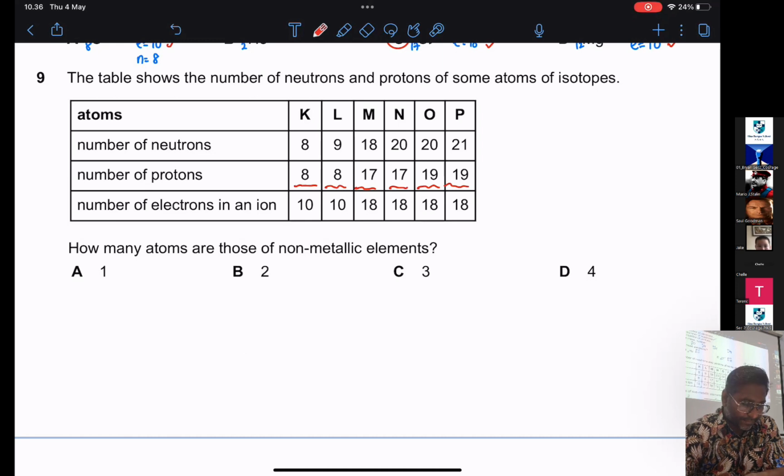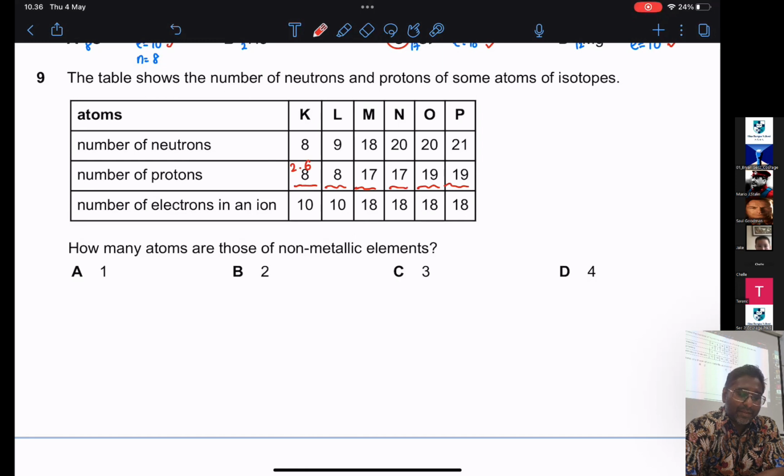Next, number 9. The table shows the number of neutrons and protons of some atoms of isotopes, and you can see all these protons. How many atoms are those of non-metallic elements?